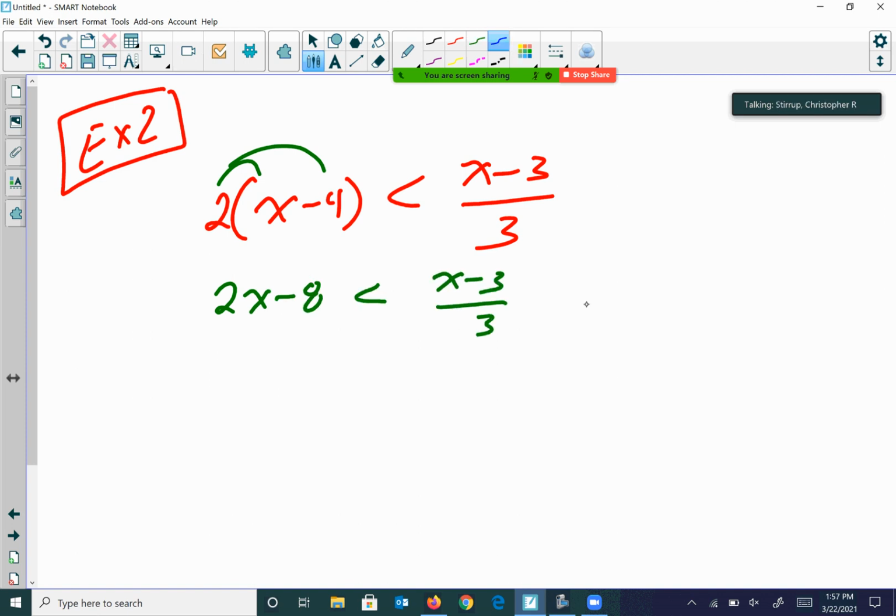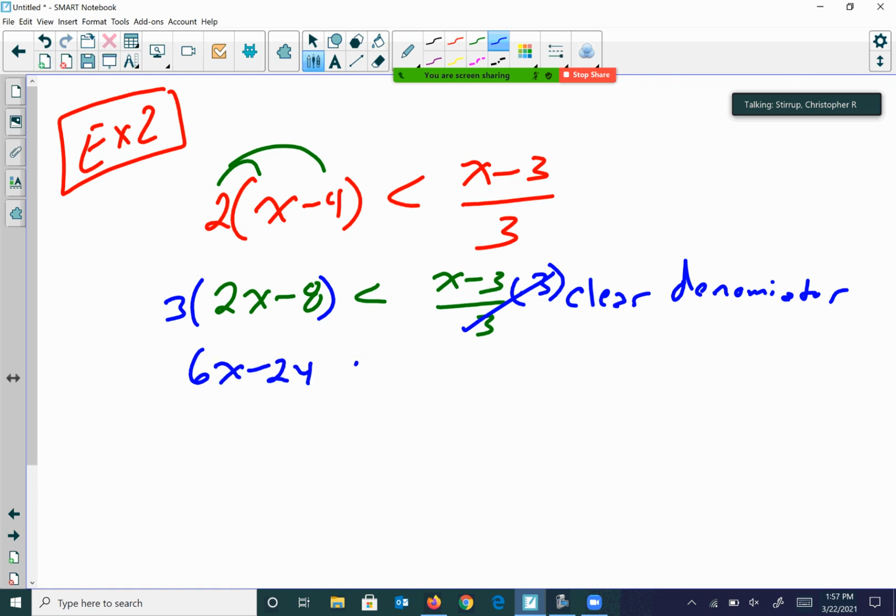But then there's a term that we use in math, and we say clear the denominator. If you clear the denominator, that means I'm going to multiply this side by 3 and this whole thing by 3 as well. Those will cancel. So that's going to give me 6x minus 24 is less than x minus 3, and then solve for x.